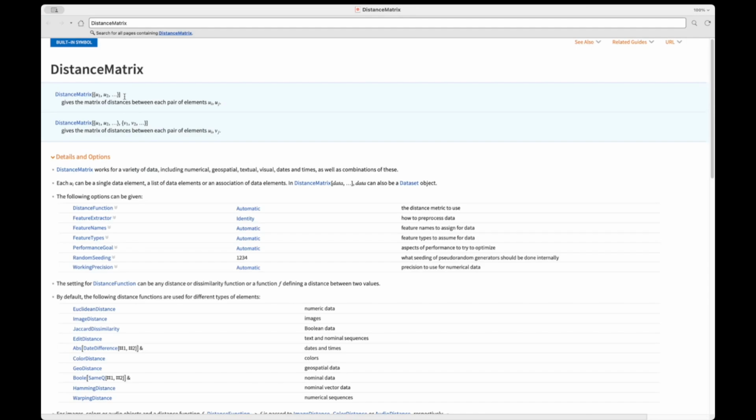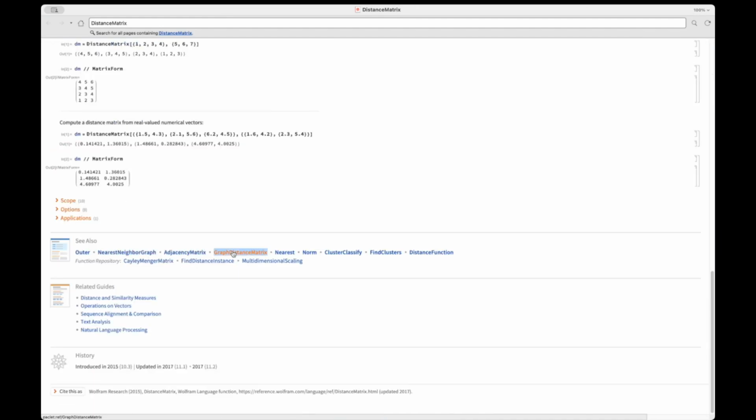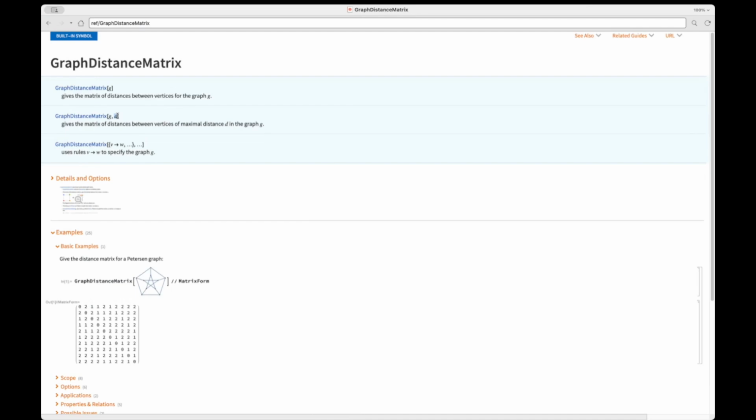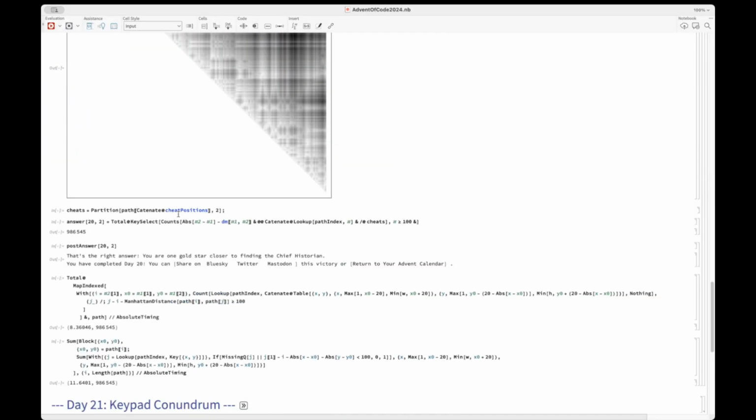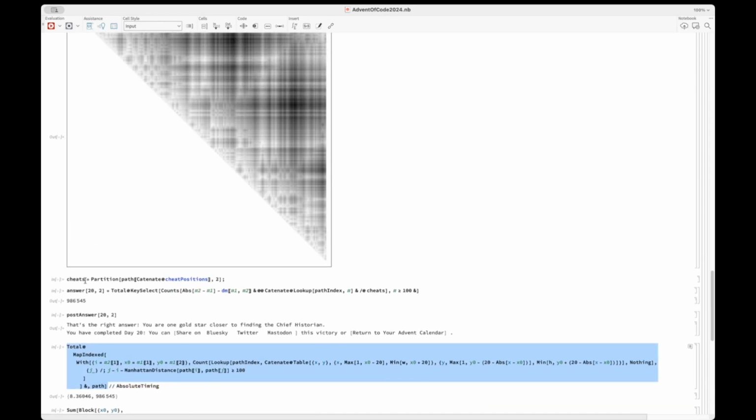So it's more optimal, it's going to produce a more sparse distance matrix. It's similar to how GraphDistanceMatrix works, because GraphDistanceMatrix has a maximum distance argument for some reason, right? But for some reason DistanceMatrix does not. It would be very useful. I wouldn't have to write this down, and it would be more optimal.